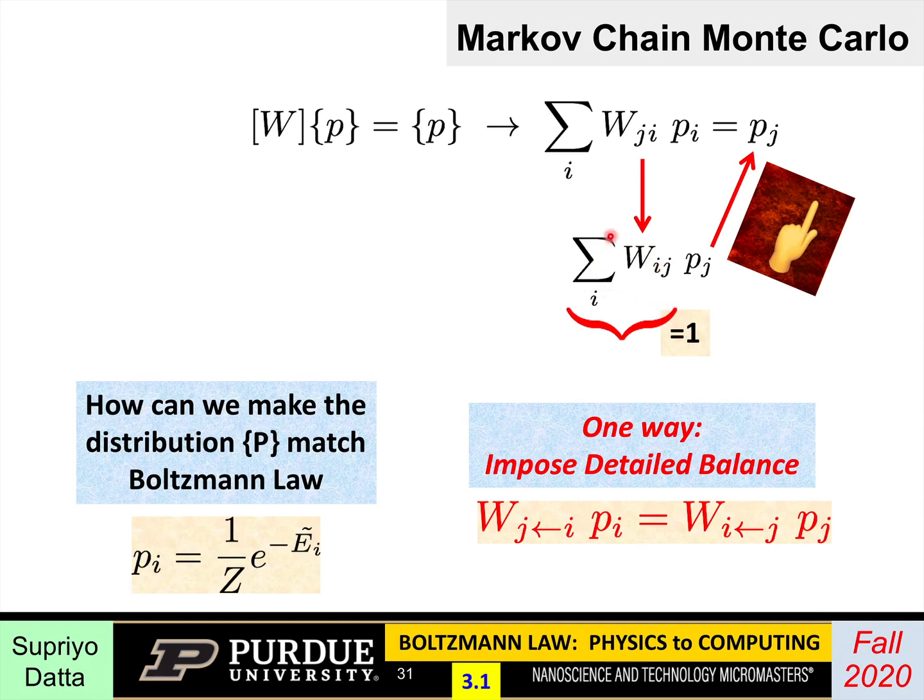So this part just becomes 1, and we are left with Pj. So basically what we have shown is that as long as this detailed balance is obeyed, Wp will be equal to P. What that means is this Boltzmann distribution will be the correct stationary distribution of W.